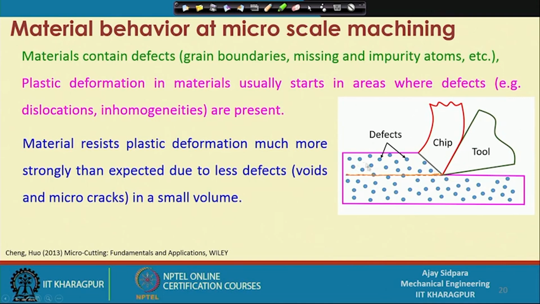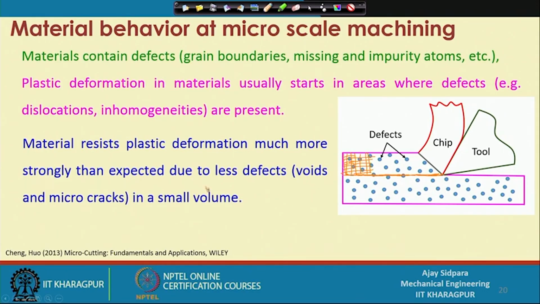What is shown here contains many grains, many layers of grains. There is a high chance that you end up at a grain boundary, and material removal is very easy to pass through these grain boundaries.